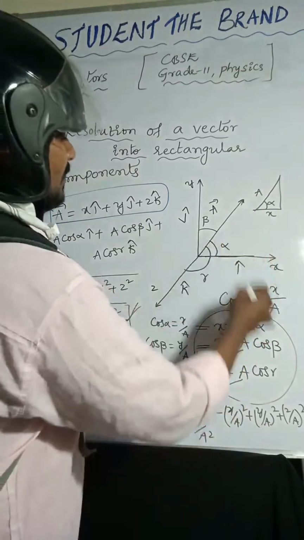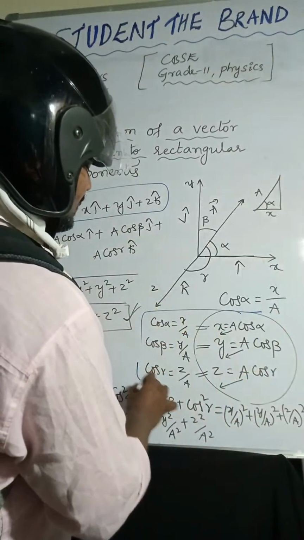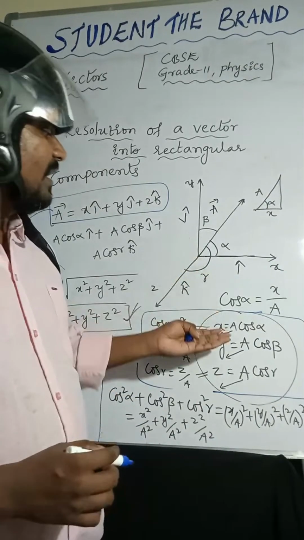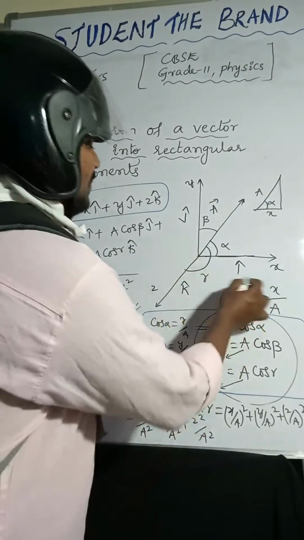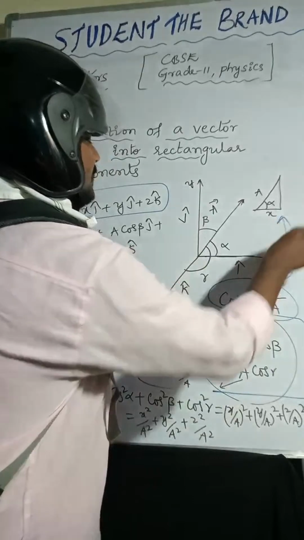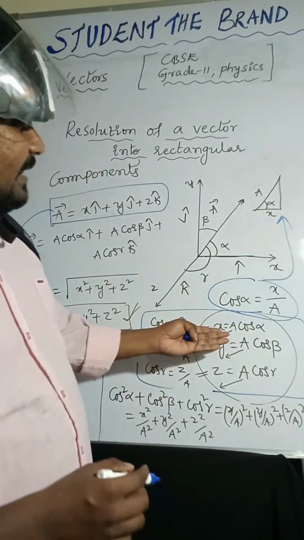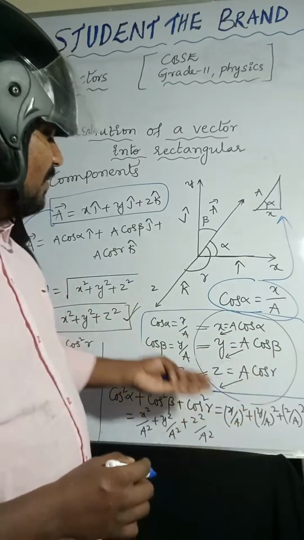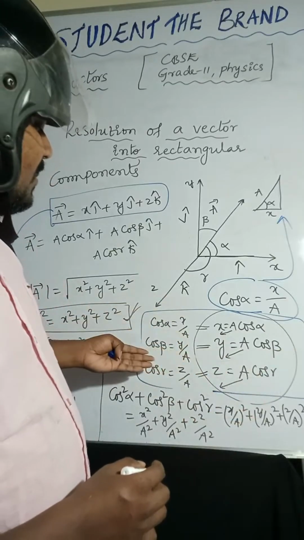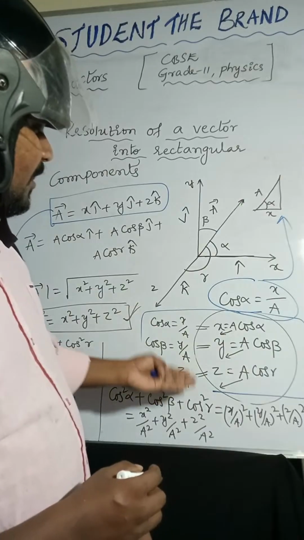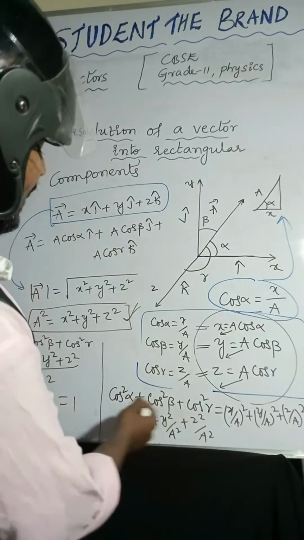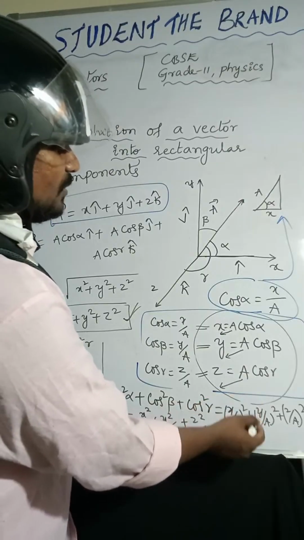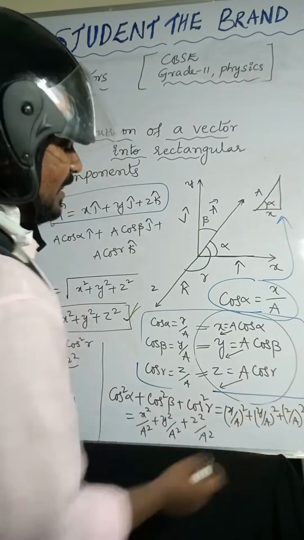So from this triangle, x-axis, y-axis, z-axis, we can write x equal to a cos alpha, y equal to a cos beta, z equal to a cos gamma. Cos alpha equal to x by a, cos beta equal to y by a, cos gamma equal to z by a. So cos square alpha plus cos square beta plus cos square gamma equal to x by a whole square plus y by a whole square plus z by a whole square.